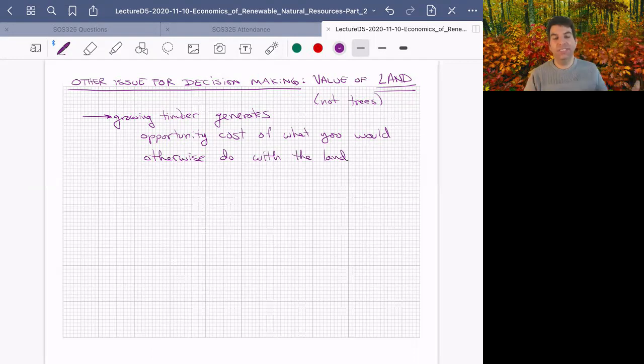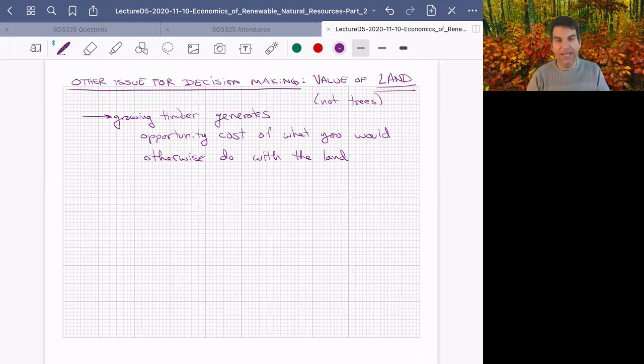So you could sell the land and have someone put a parking lot there instead. You could grow sunflowers instead of timber. There are all of these different things that you could do with the land. And so we need to figure out how the rotation length changes given that.